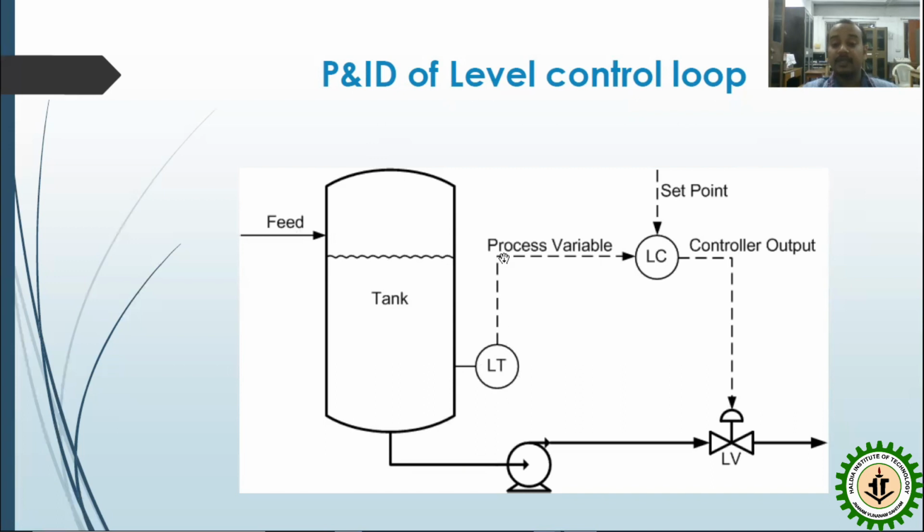From this level transmitter, an electrical signal will go to the level controller. In the level controller, the operator can give the set point value. After that, it will be validated here, an error signal will be generated, and from the error signal the respective control action will be generated, and the controller output will again go to the final control element. If it is a pneumatic one, then the signal again needs to be given as a pneumatic signal, not the electrical one.